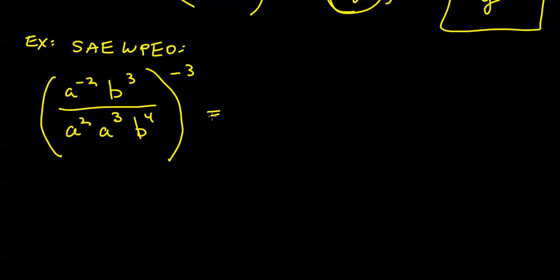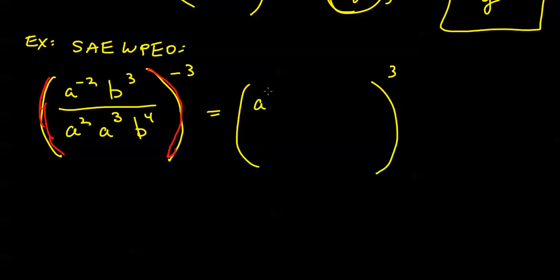Alright, what I'm going to do is, well, I see I've got a quotient here raised to a negative power. What I'm going to do is invert this quotient. I'm not going to change the sign of any of the exponents inside, and change that outer exponent to a positive 3.